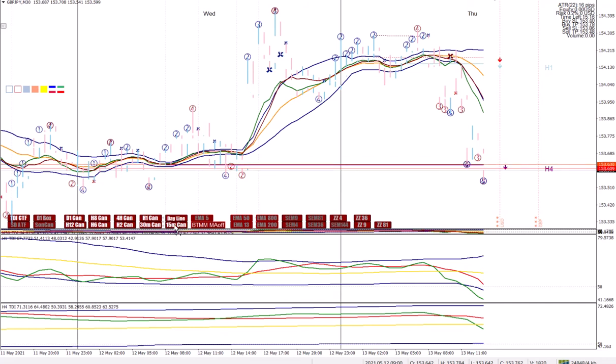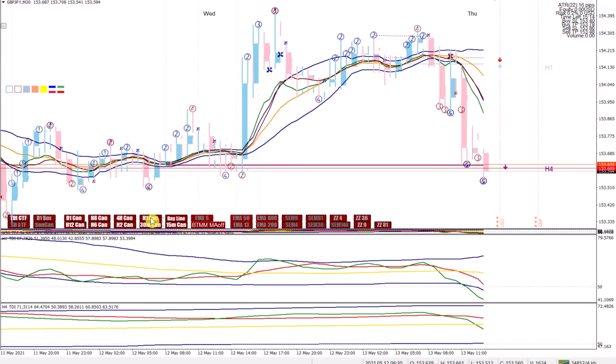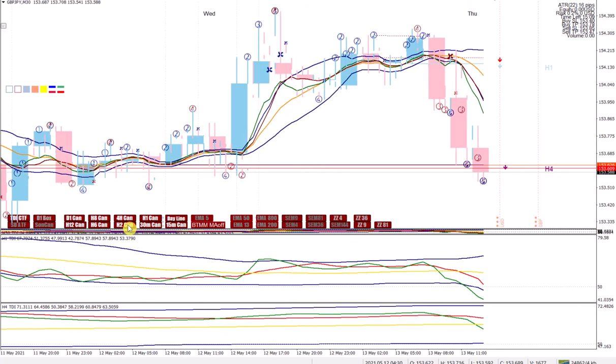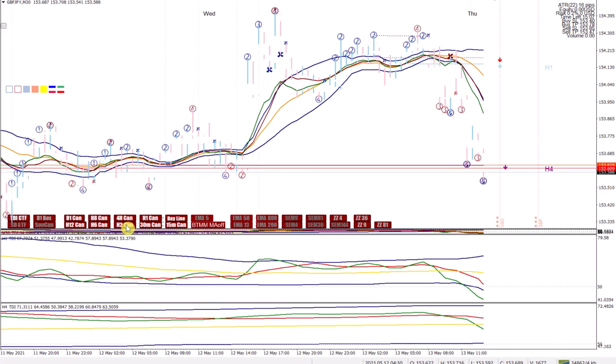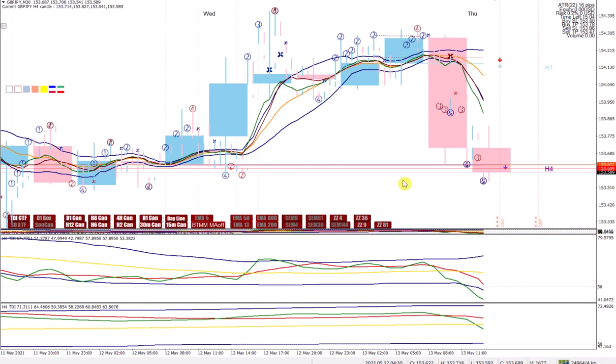There's something going on there. This little line shouldn't be here. This is me and my constant experiments. It's a 4 hour candle. Massive candle, right? There's your 4 hour TDI here, so there's the reflection of it.